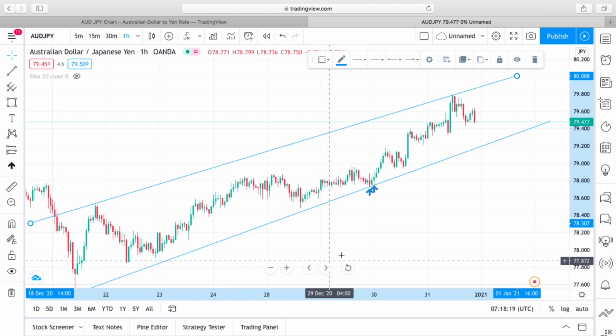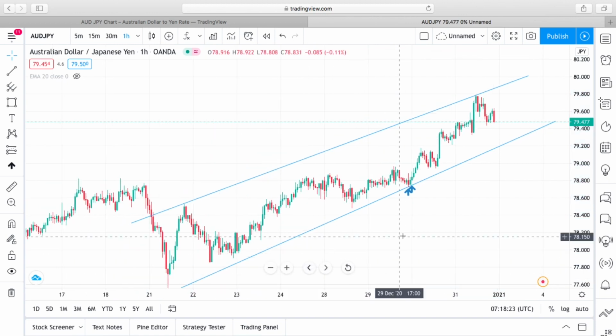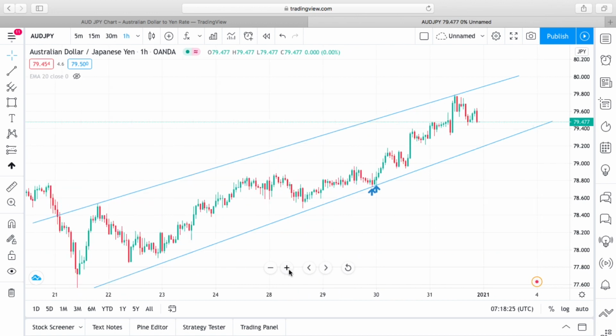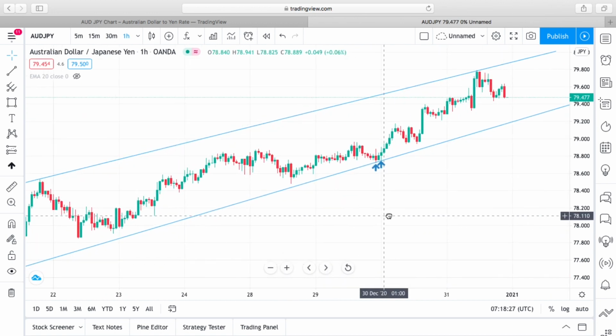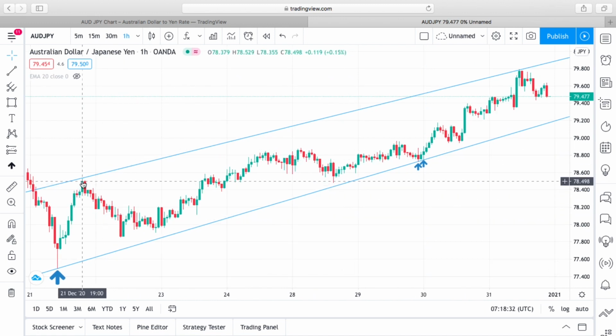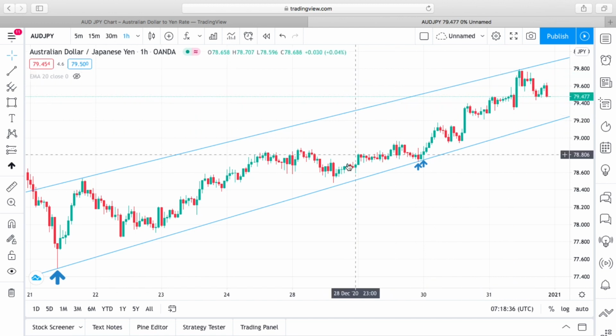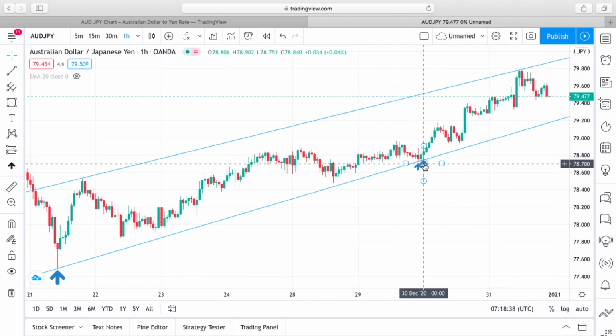So looking at this now, you would see that this trend line, now I use this point and I also use this point. So this is my resistance now. This is my area of resistance. This is my area of support.